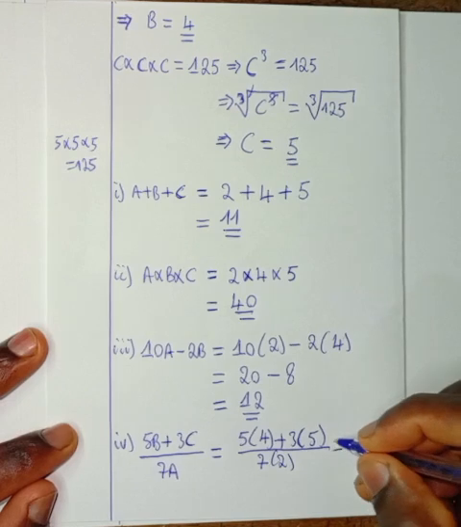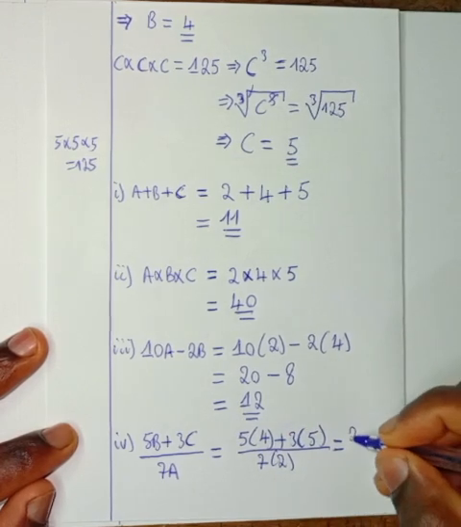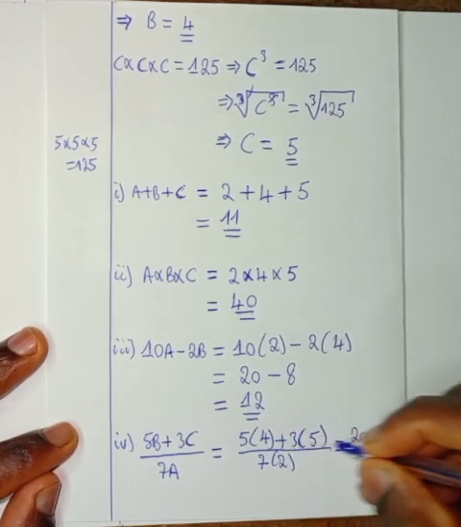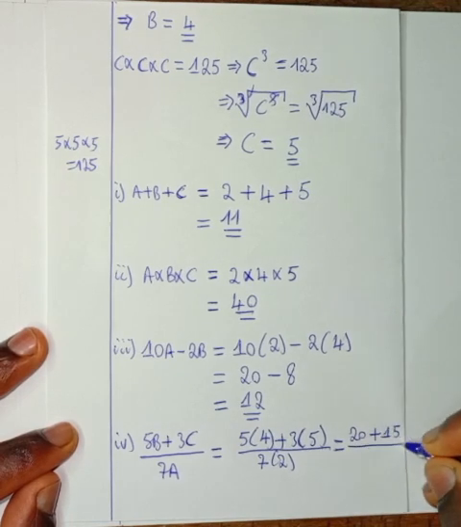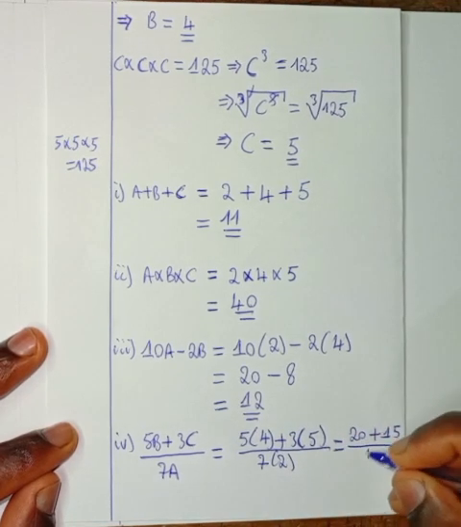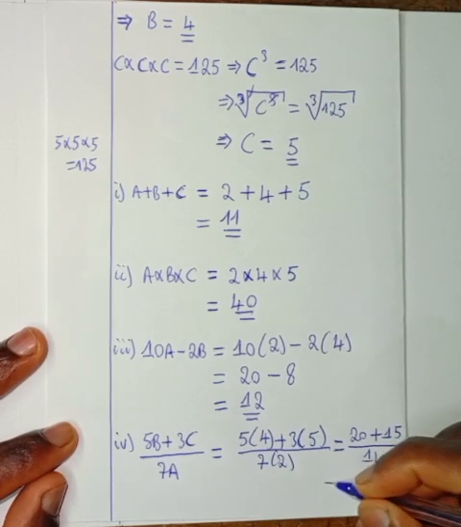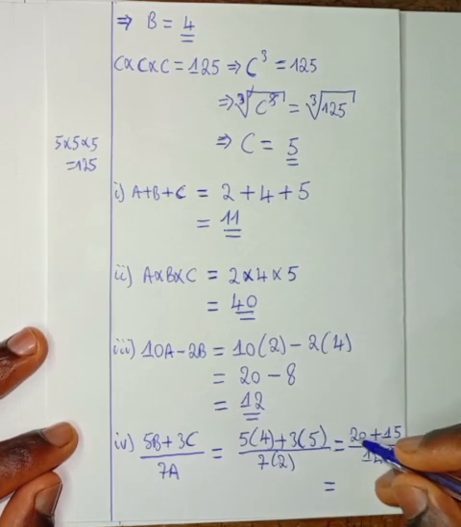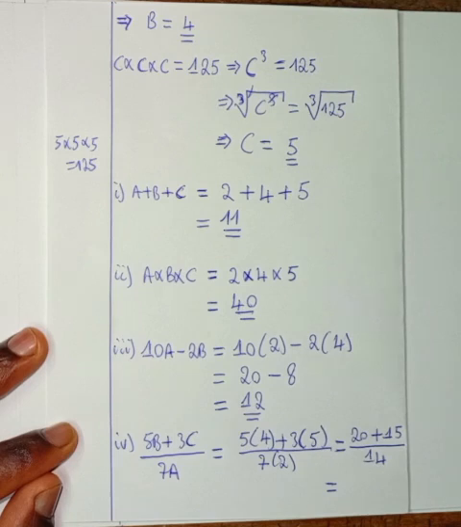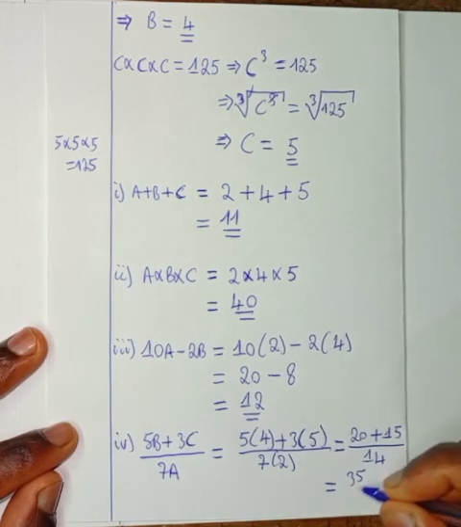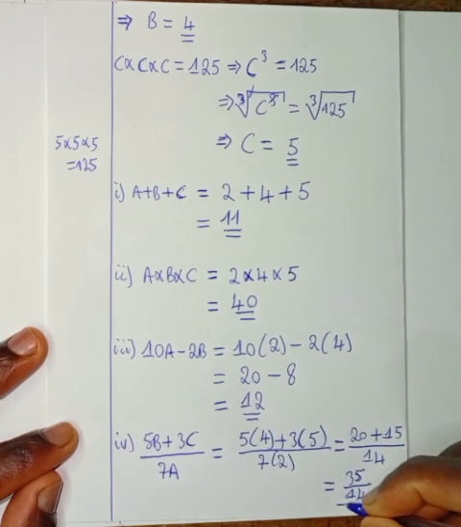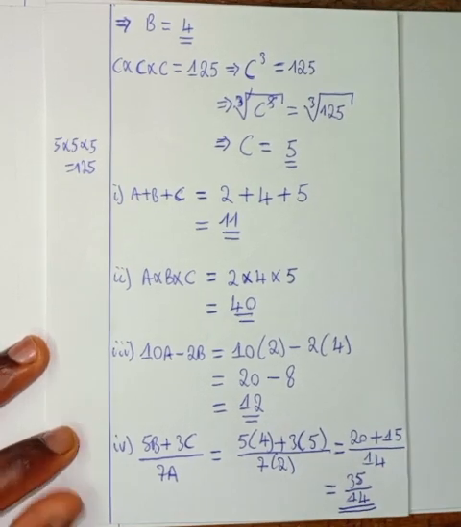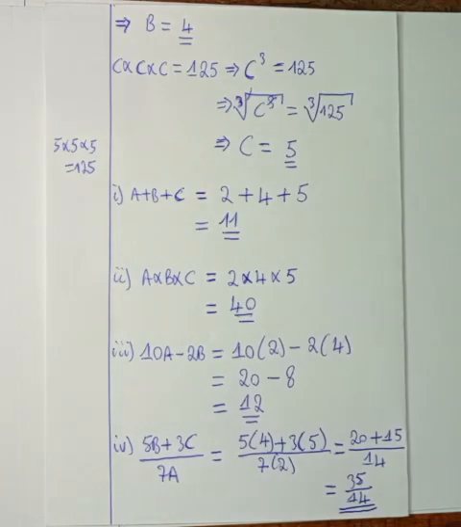We know 5 times 4 gives us 20, plus 3 times 5 gives us 15, all over 7 times 2, which is 14. So 20 plus 15 gives us 35. So this will give us 35 over 14. We are going to leave the answer as an improper fraction. And we are done with the solution.